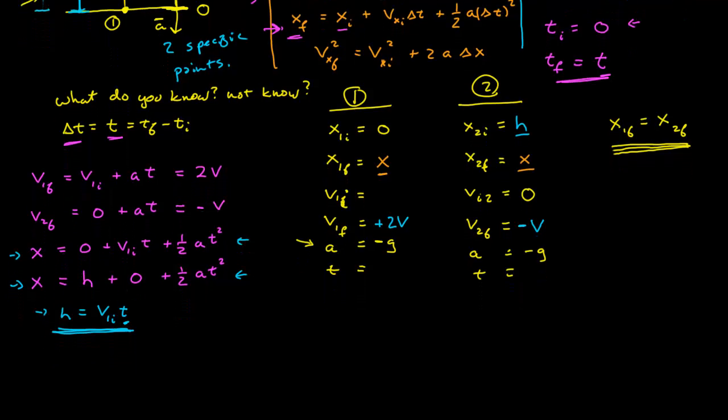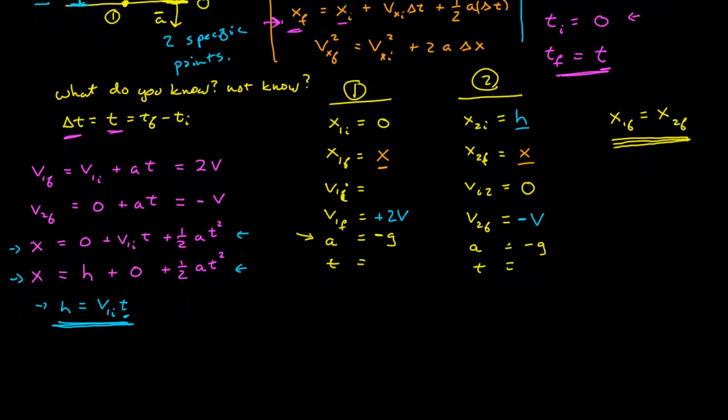Okay, so let's see what we have now. I have here relationships for this final position in terms of h. What I don't have is time or the initial velocity. But I have these equations up here that relate that information.